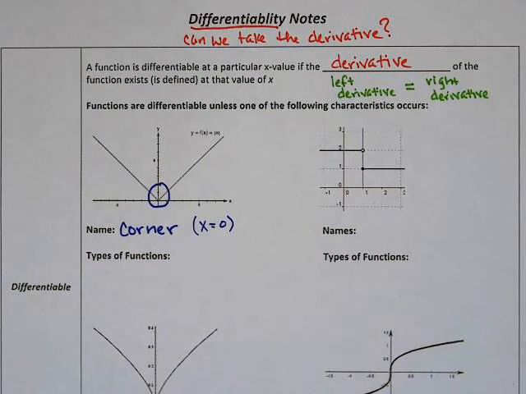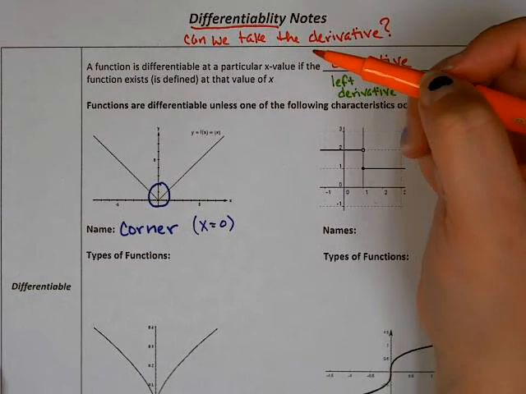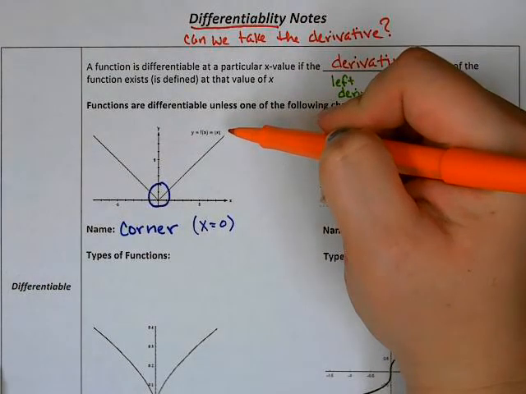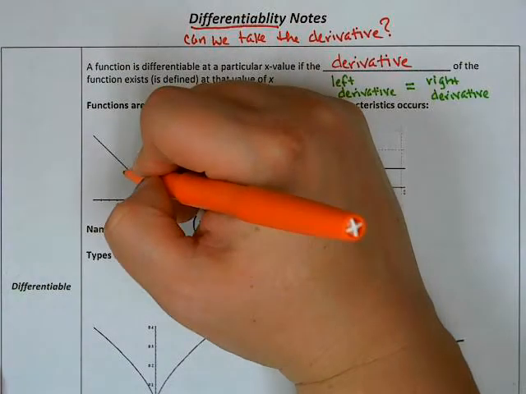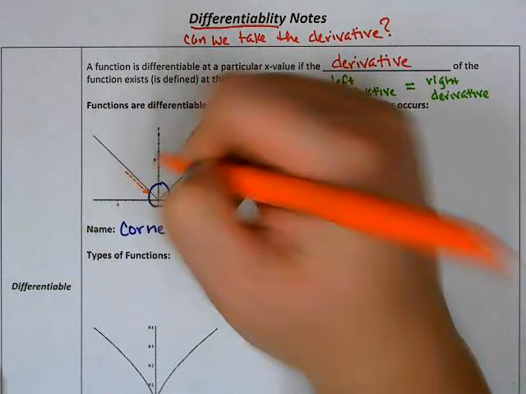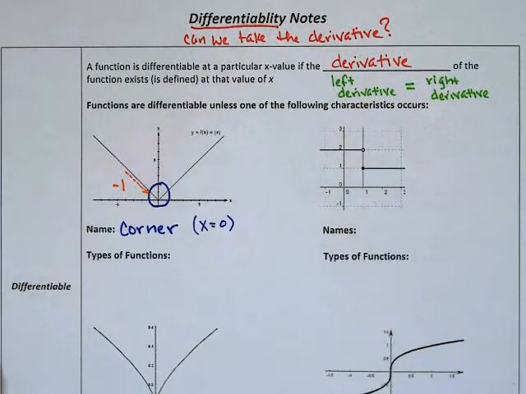So if we look at the derivative on the left, we know that a derivative is a slope. So if we're looking at the absolute value of x, the slope of this line is actually just -1. All right, which means that the derivative from the left is -1.